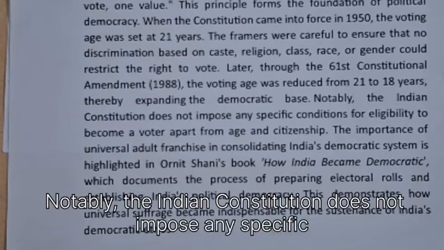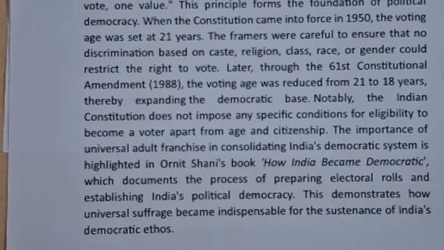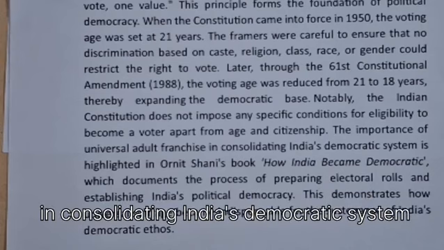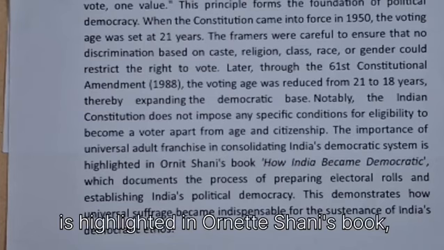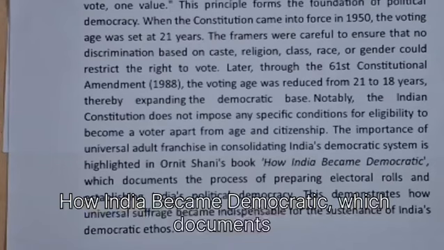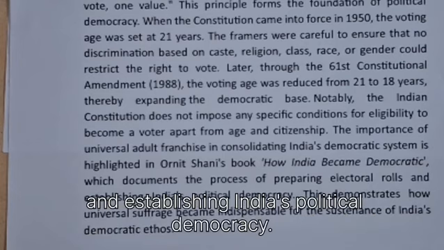Notably, the Indian Constitution does not impose any specific conditions for eligibility to become a voter apart from age and citizenship. The importance of universal adult franchise in consolidating India's democratic system is highlighted in Ornit Shani's book How India Became Democratic, which documents the process of preparing electoral rolls and establishing India's political democracy.